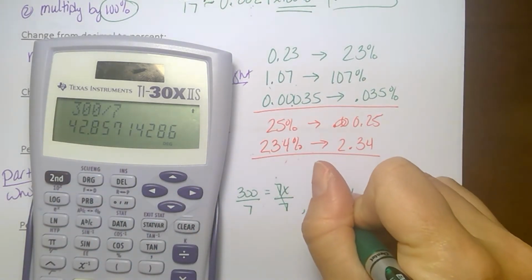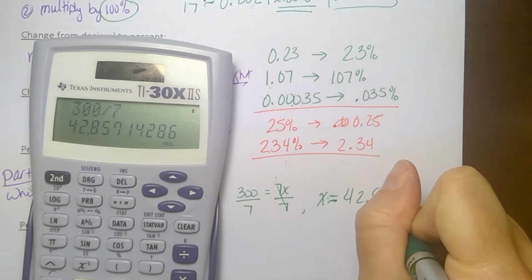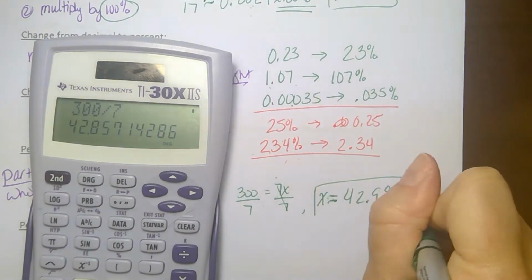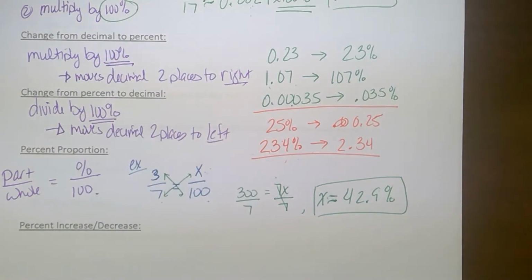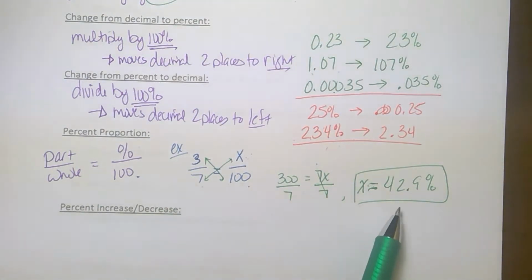So this rounds to approximately 42.9%. So 3/7 is about 42.9%, which if you think about it makes sense because 3 is just a little bit less than half of 7. 42, almost 43 is a little bit less than half of 100%.